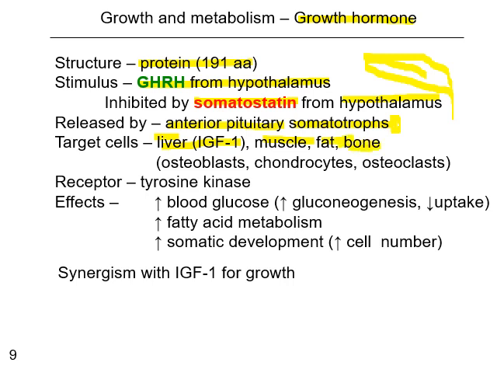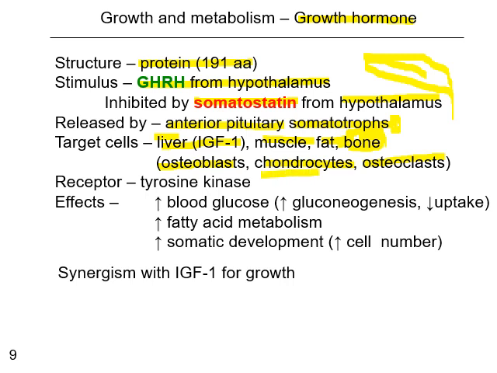So body size, let's talk about body size for a minute, because that's what you think of when you think of growth. Body size is primarily determined by the length of your bones. Now, we don't talk about bones in this course very much at all, and some physiologists would say that that's a mistake. So let me just remedy that mistake very slightly by mentioning that bone is an important organ, and there are cells, osteoblasts, chondrocytes, and osteoclasts that are important for the production of bone.